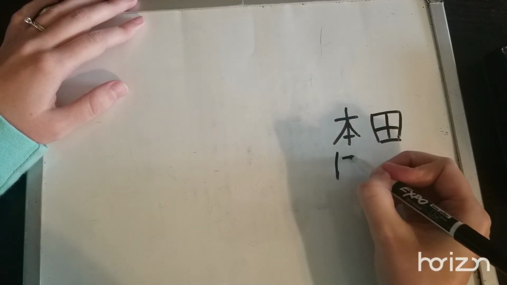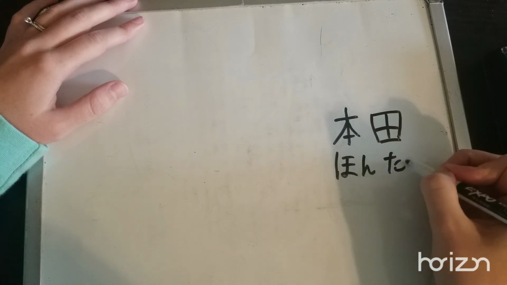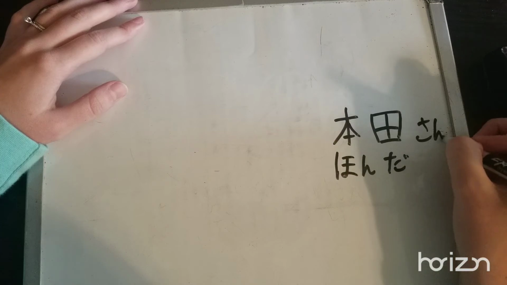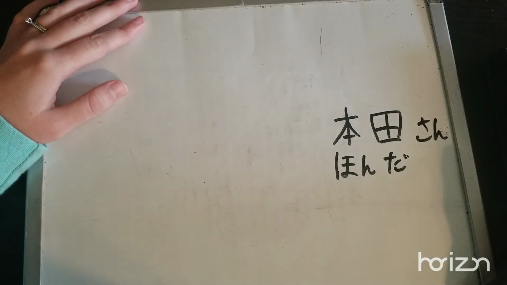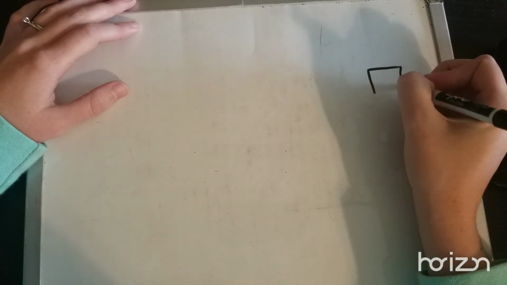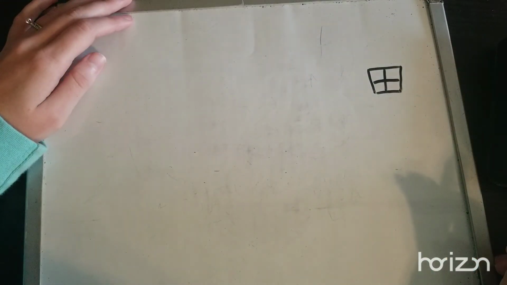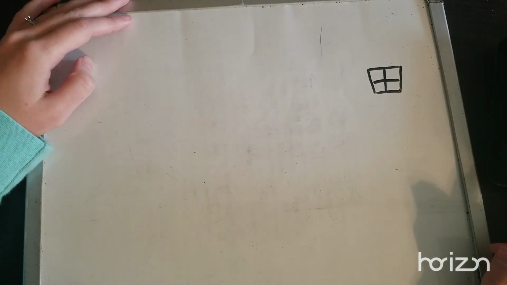In this case, it is actually pronounced hon-da. Honda-san, like the car manufacturer. Yes, indeed. So, this ta, it means rice field. It is not very common in words, but it's extremely common in names.